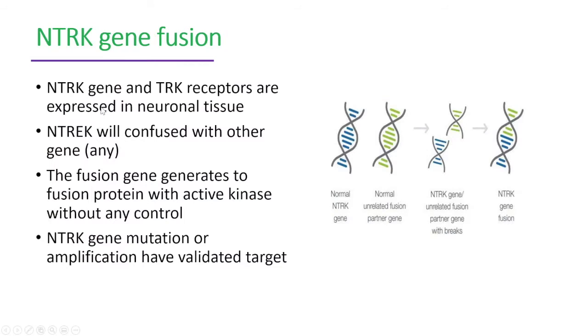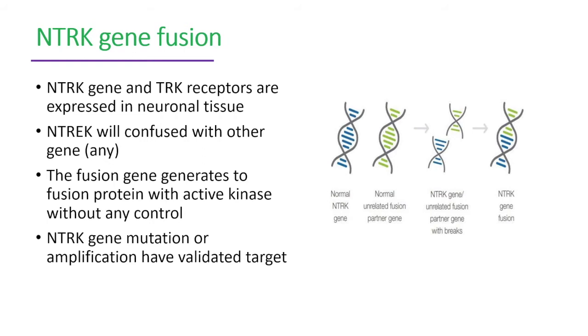Now the NTRK represents the neurotrophic tropomyosin receptor tyrosine kinase, and if we remember the whole tyrosine kinase tree, we only know a very small part of the tyrosine kinase, and this is part of the tree.